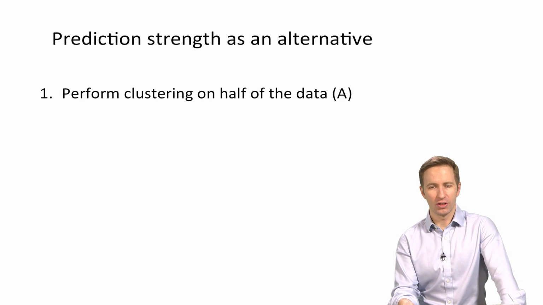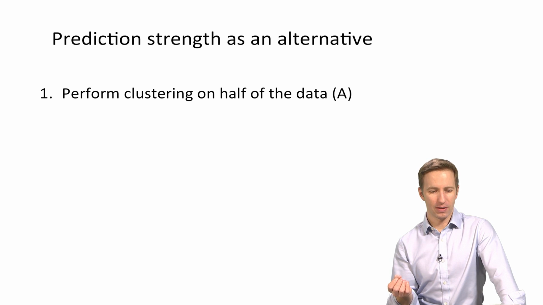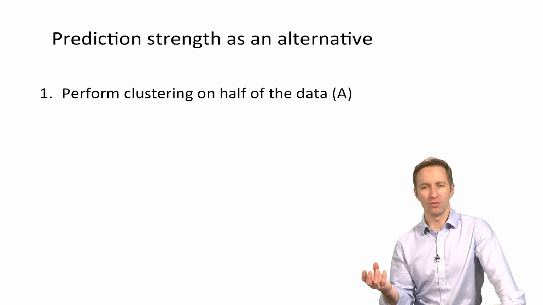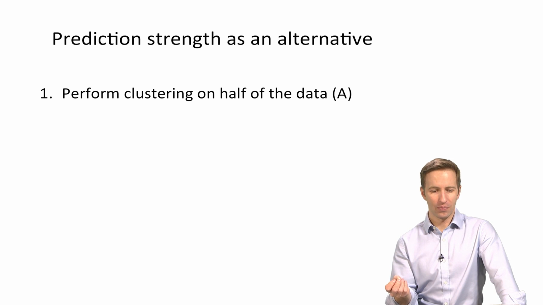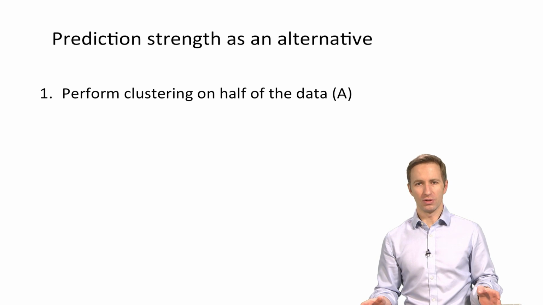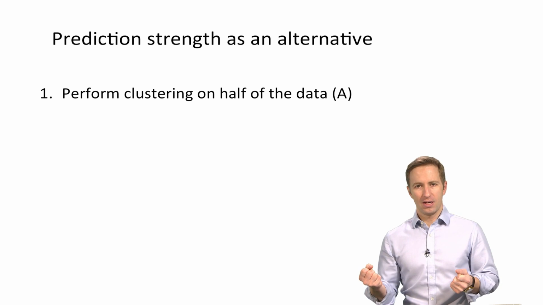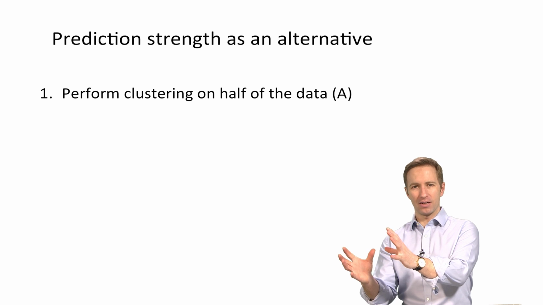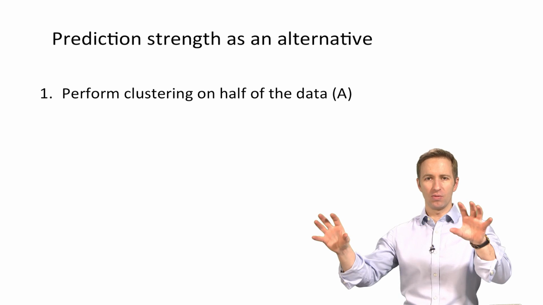Another approach that makes a lot of sense to me, and that I've used in a few data sets, is called prediction strength, an alternative to the silhouette index. The way it works is you take whatever algorithm you're using for clustering, so it doesn't care what algorithm you use. You do clustering on half of the data. So you arbitrarily cut the data in half, cluster one half of it, and see what clusters you get.